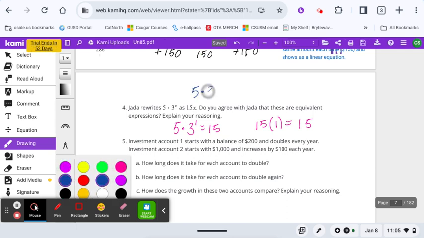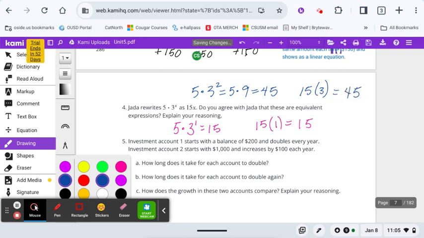What about 5 times 3 squared? Well, 3 squared is 9. 5 times 9 is 45. Now let's do the other one. 15 times 3 is 45. So far, is it working out?